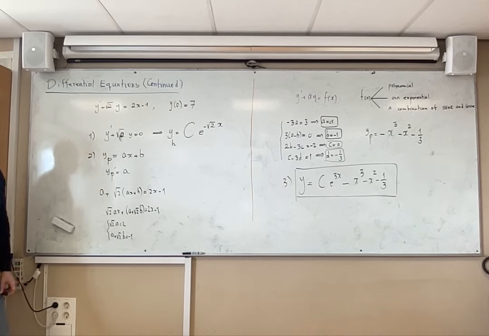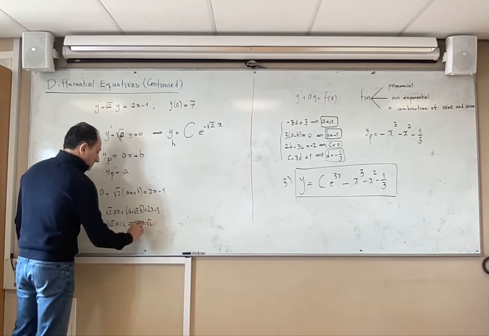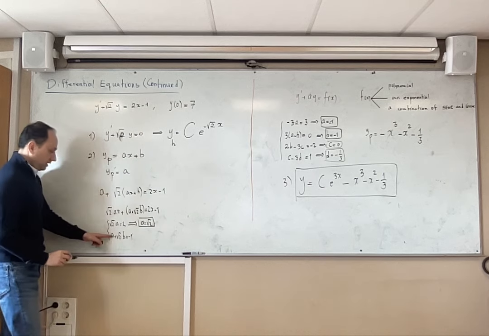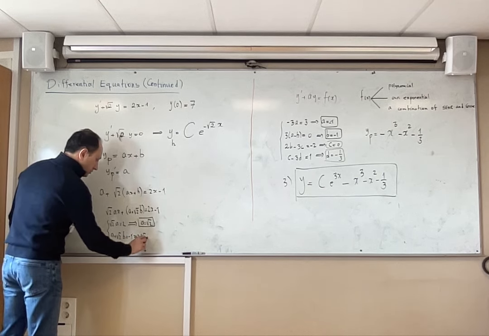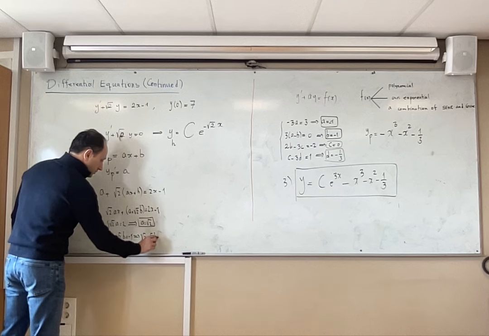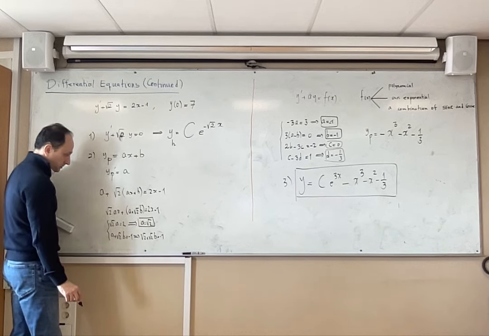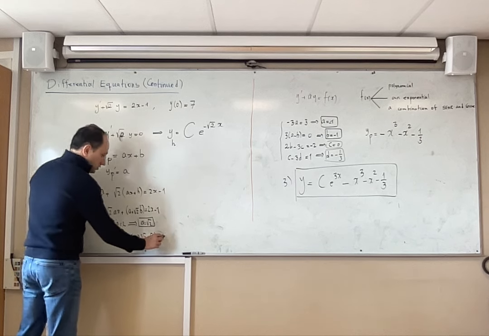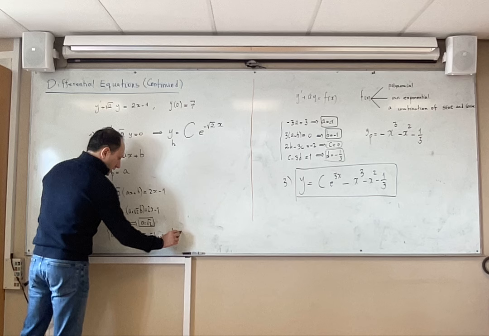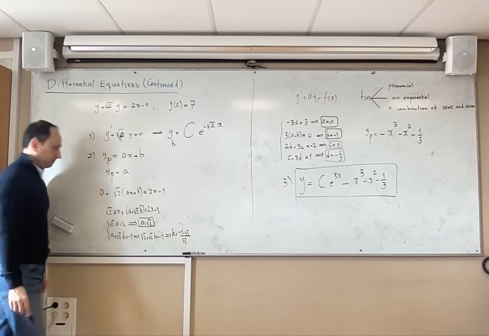Yes? And then from here, a becomes square root of 2 again. And I put it here. So it becomes square root of 2 plus the square root of 2 b is equal to minus 1. So I want to isolate b. So this b becomes minus 1 minus the square root of 2, divided by square root of 2.